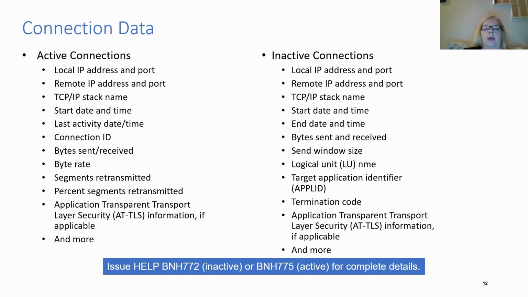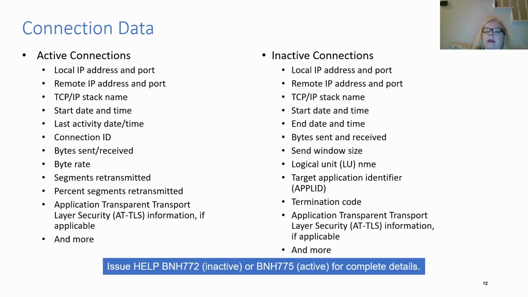So what data do we have for active connections and inactive connections? I'm not going to go through all of this. We basically have your typical local and remote IP address and port, the stack name, things like bytes sent and received, your byte rate, segments sent and received, those types of things. We also have some information about ATTLS if it's applicable.